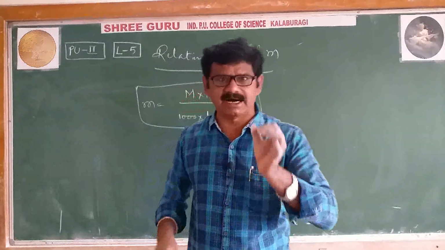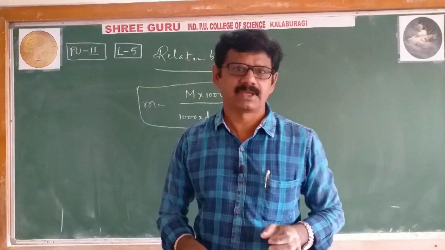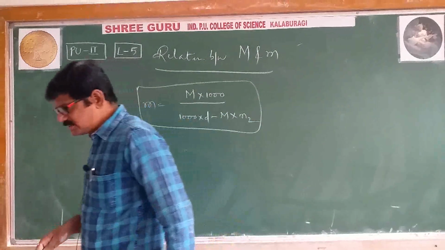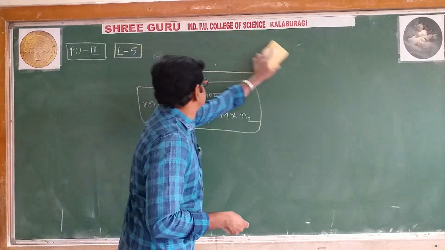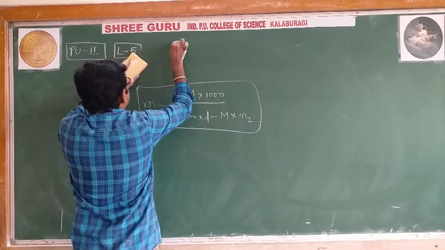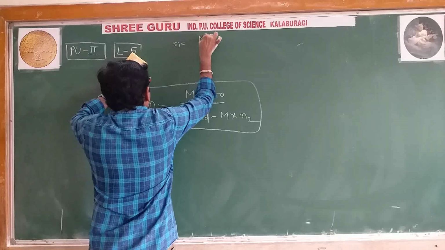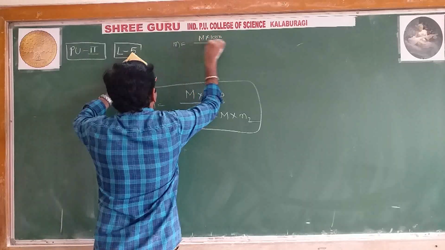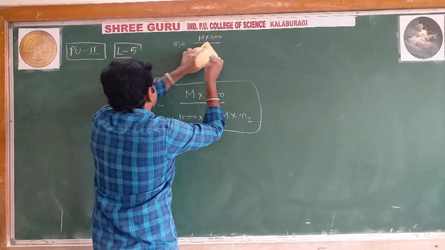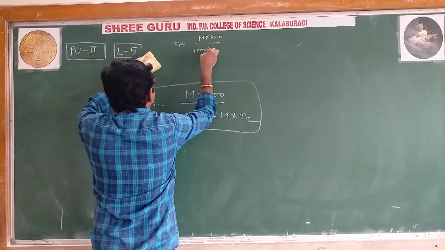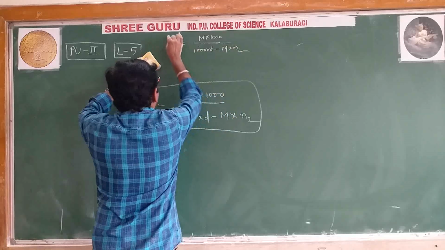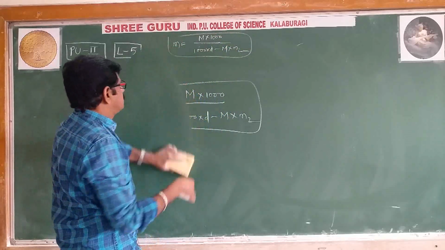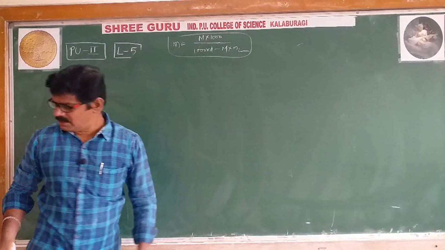That is the usage of this relationship, remember. Based on this relation, we'll solve some questions. I'll write the relation once again: small m equals molarity into 1000, divided by 1000 into density minus molarity into molar mass of solute. We'll see one question.